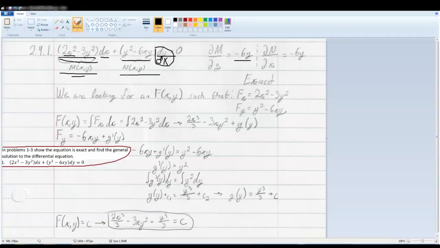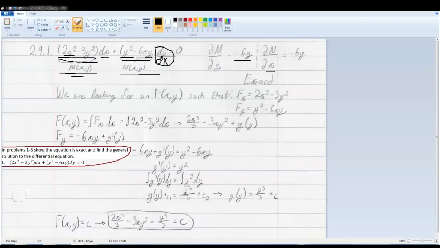Now for N, as you can see, I've got y squared. I'm sorry, I'm differentiating in terms of x, so I'll change what I'm saying a bit. Notice that what's in front of the dy gets differentiated in terms of x. So y squared is a constant when we partially differentiate. So it's just 1. The derivative of 1 is 0.